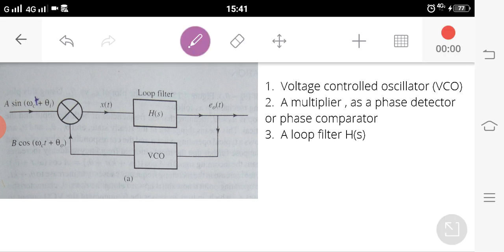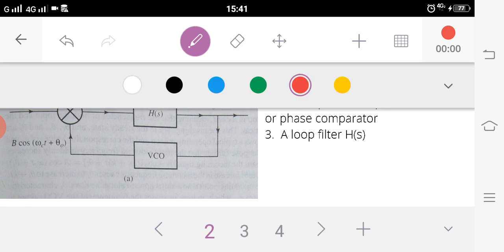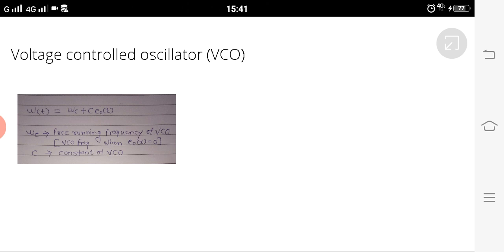Now let's see a little bit of information about the VCO in the next slide. The VCO is an oscillator whose frequency can be controlled by an external voltage, and that's why it is called a voltage control oscillator.